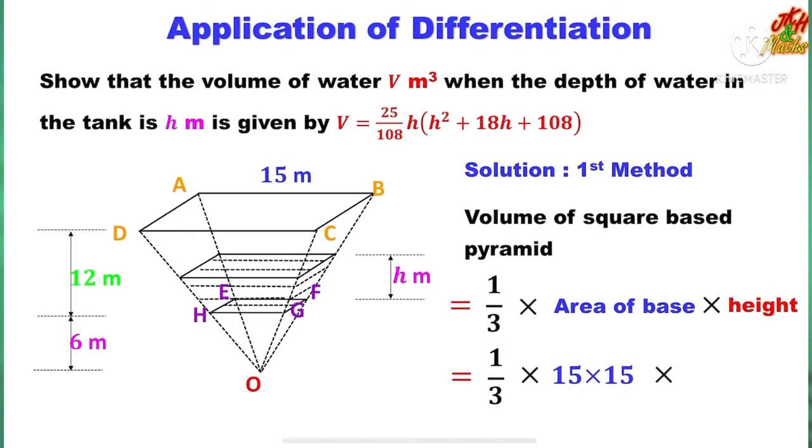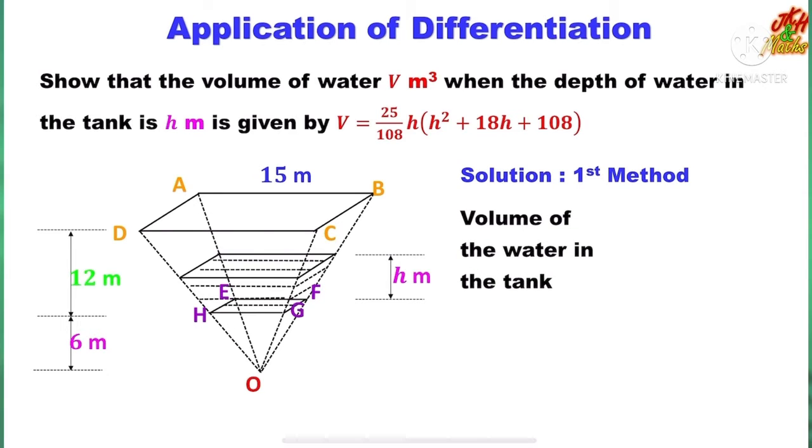The height of the complete pyramid is 12 plus 6, which is equal to 18. Therefore, the volume of the square base pyramid is equal to 1350 meter cube.